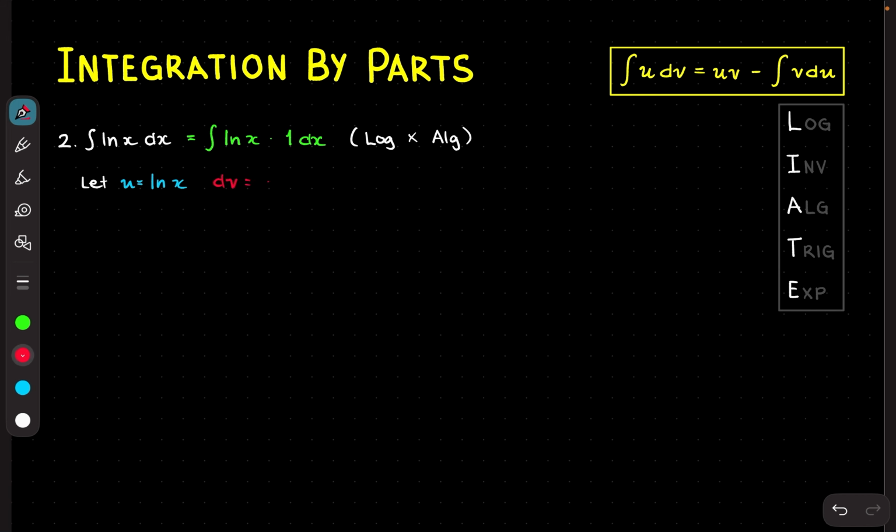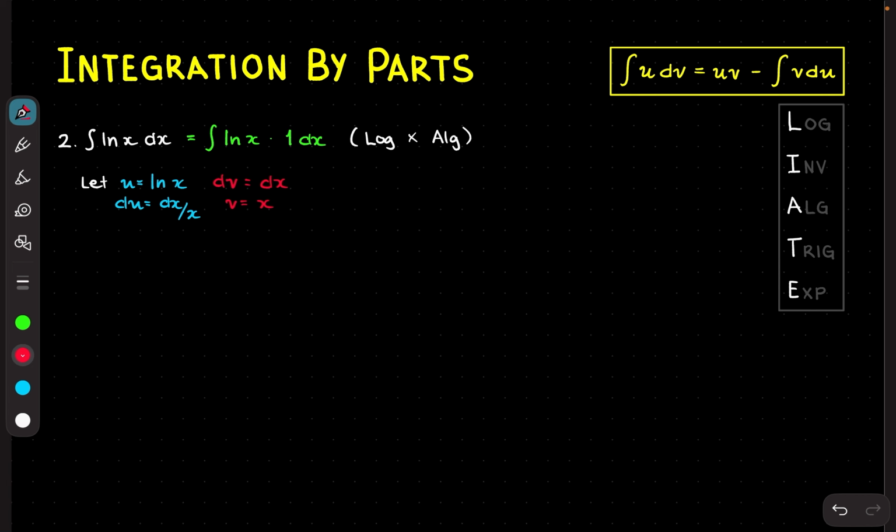It will be 1 times dx, or just dx. From here, du must be equal to dx over x, so it's basically 1 over x times dx. And then v, since you're just integrating a constant 1, will just become x.